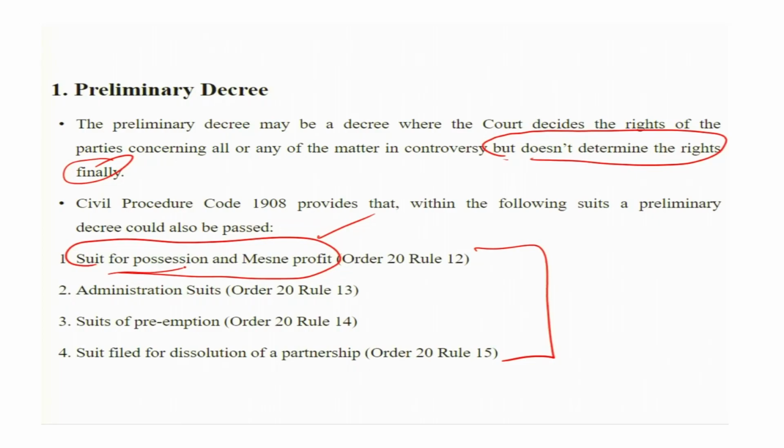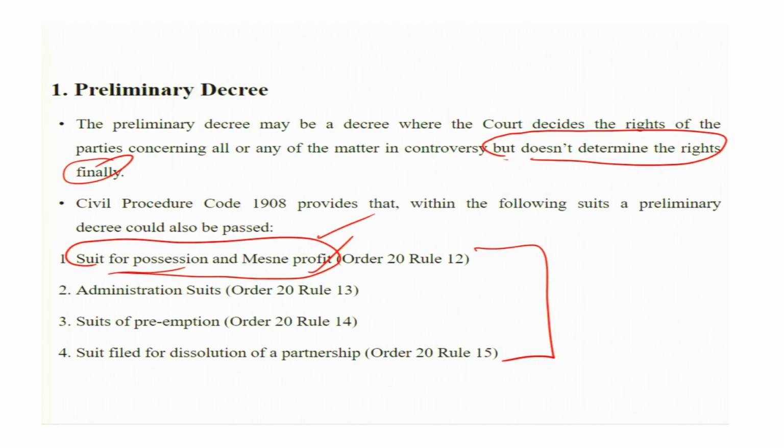So, mean profit is a different thing and possession of property is a different thing. If this and this are related, they will coexist. If there is a dispossession from immovable property, then definitely the party will claim or file an application for mean profit also. Mean profit is also there in Order 20 Rule 12, I think.